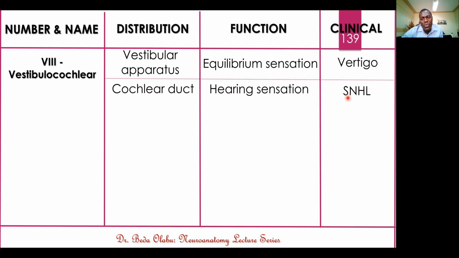So it doesn't matter which level, even if the injury is at the level of the transverse temporal gyri, if you remember that concept, area number 41 and 42 of the cerebral cortex, we'll still call that sensory neuron hearing loss. If you injure the cochlear nerve, we still call it sensory neuron hearing loss, as long as the disruption is involving the neuronal network.